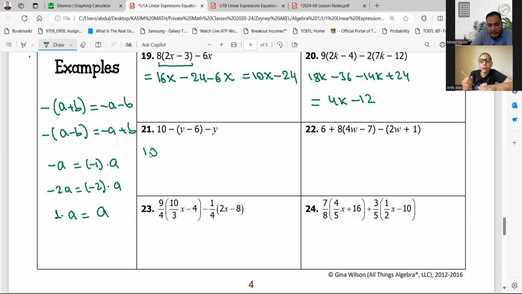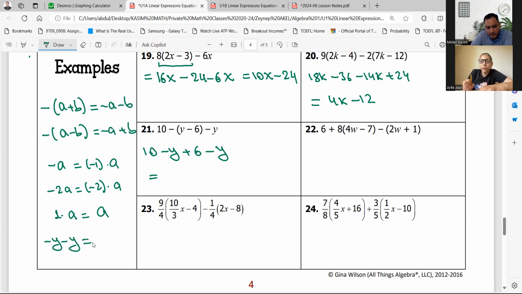So here we have 10 minus y. So there's minus minus minus plus 6. So here we have minus y, equals, what is minus y? Minus y, Zeynep? What is minus y?